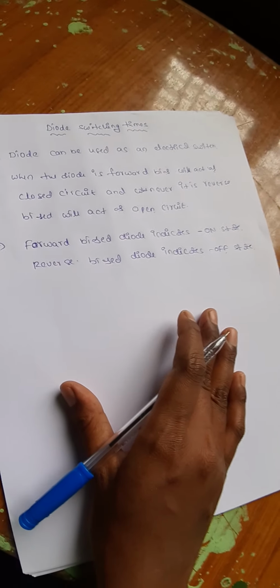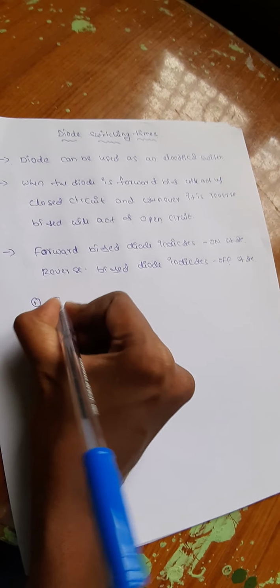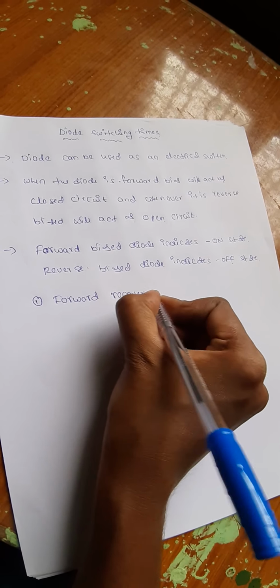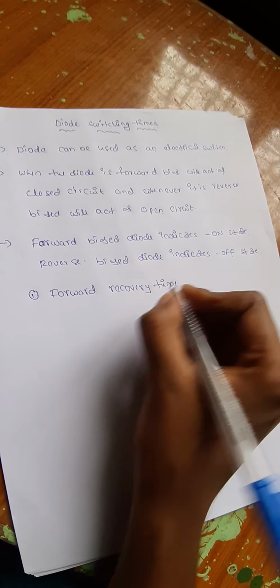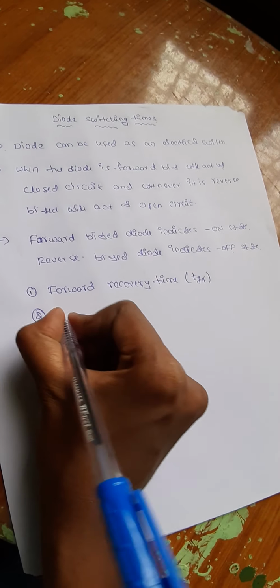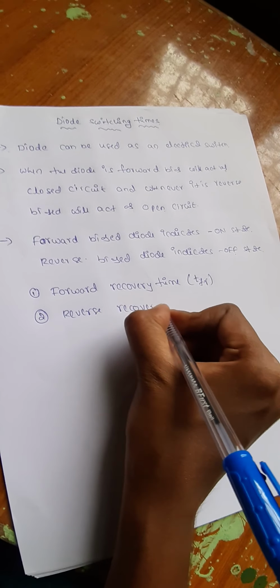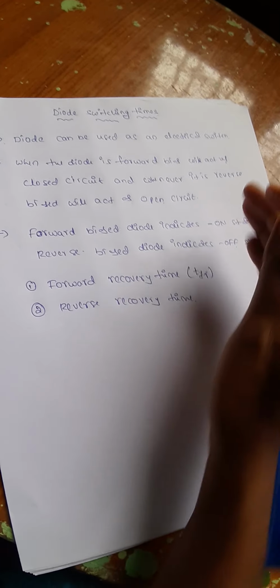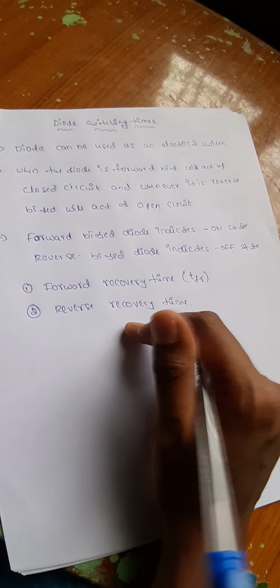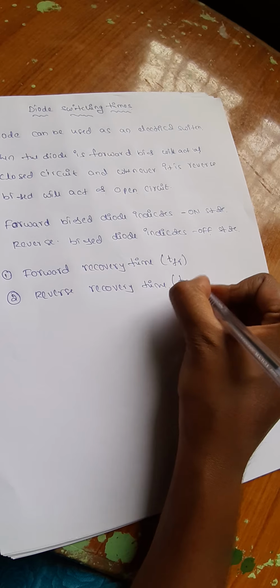So there exist two timings: the forward recovery time, which is indicated by TFR, and the reverse recovery time, which is indicated by TRR.